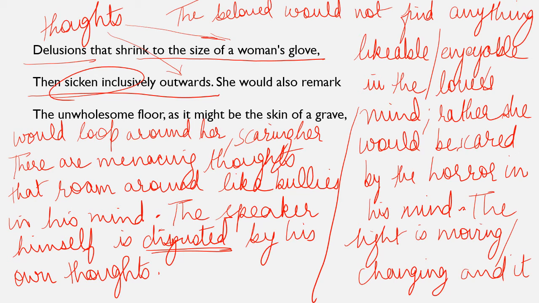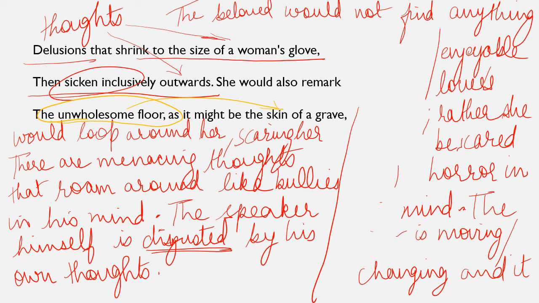She would also remark the unwholesome floor as it might be the skin of a grave. So his mind is being compared to a grave. I'm just removing some portion here so that I have some space to write.